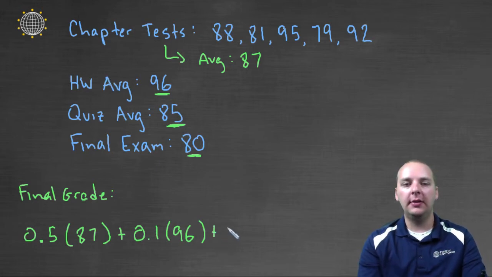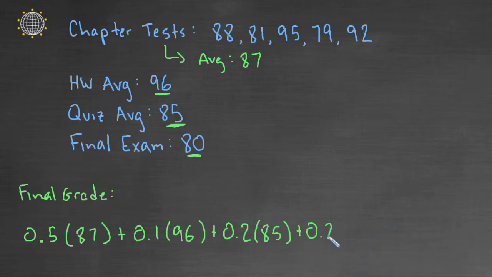We'll take 0.2, that's 20% average, times 85, and then we'll take 0.2 times the final exam grade of 80. And then when we do all these multiplications and add up this total, that will be our final grade.